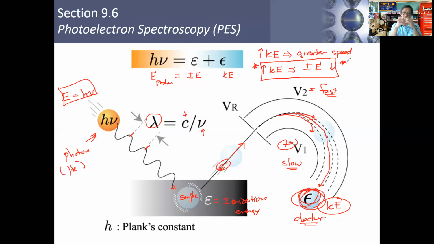As ionization energy increases, the kinetic energy is going to decrease, and therefore you have a slower moving particle. It's going to take more of the photon's energy to remove the electron, and when the electron leaves, it's going to have less kinetic energy, meaning it's going to move slower. And so you have to adjust the electrical field here to get it through.